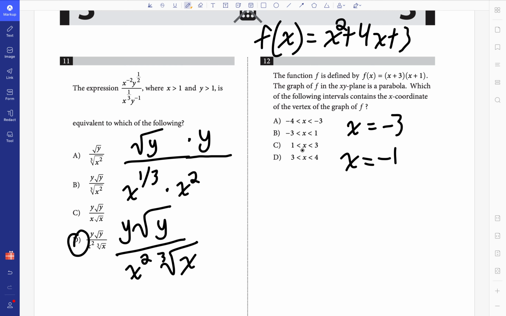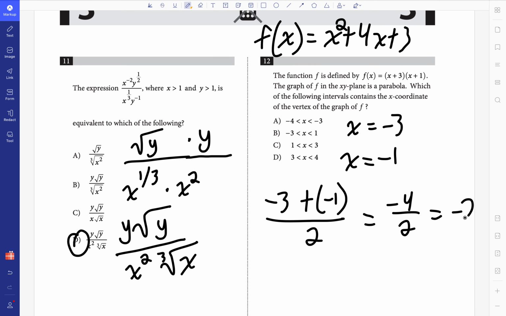But anyway, the vertex of the parabola must have the same x-coordinate as the midpoint of the x-intercepts. And that's just by quadratic rules. So the midpoint between -3 and -1: -3 plus -1 over 2 is -4 over 2, which equals -2.